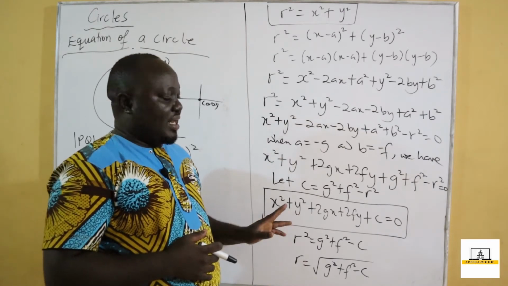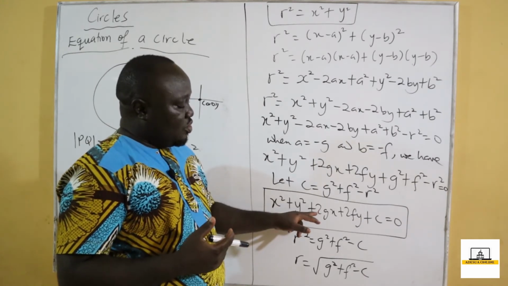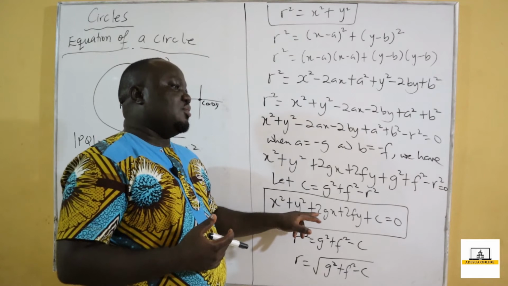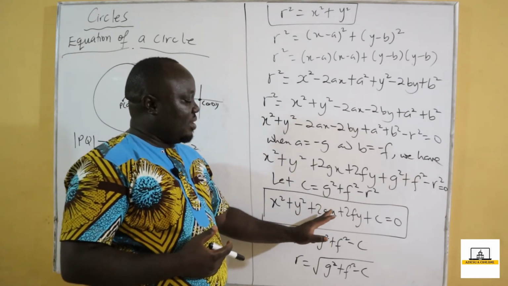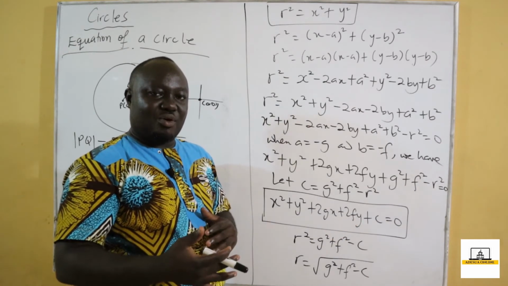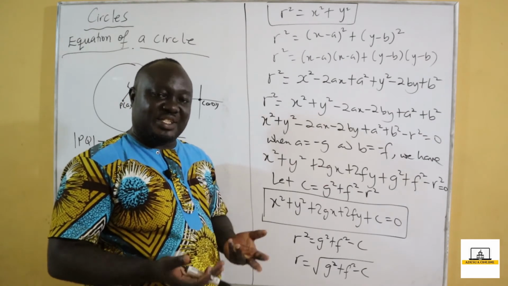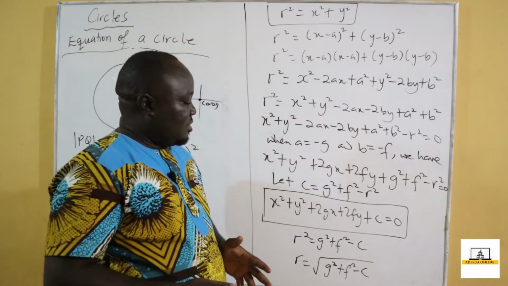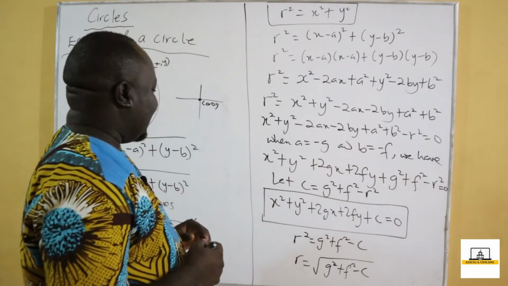Now, there shouldn't be any term like 2 times x times y. It should always be 2gx and 2fy. We don't have any term like xy or yx in it. So these are the ways of identifying a circle. Always, the coefficients of x squared and y squared should remain the same.